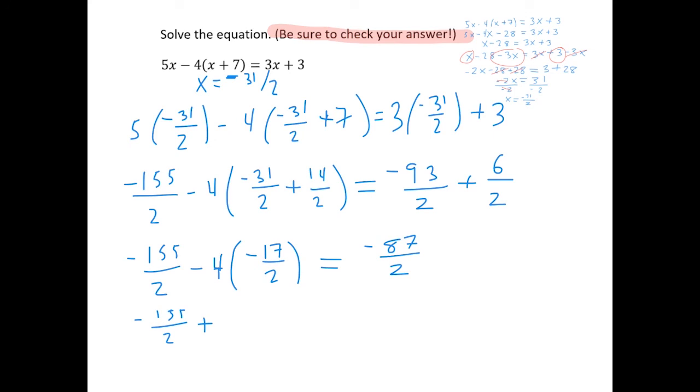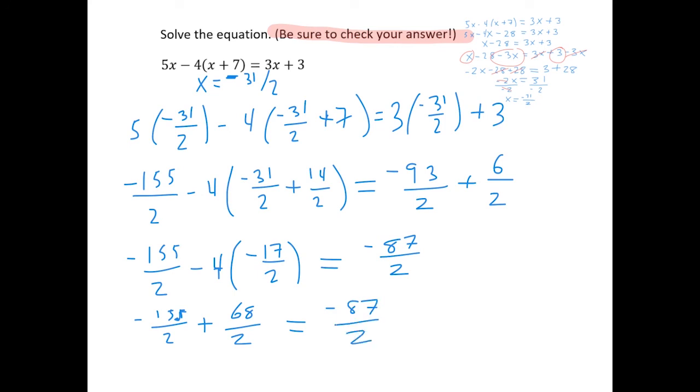That's going to give us, what is that? 68 over 2. And you can check on your calculator that does add up. This negative 155 over 2 plus 68 over 2 does add up to negative 87 over 2.